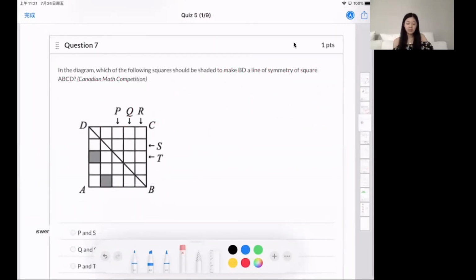Question 7. We can do this kind of question by just drawing the line of symmetry, and then you will find the answer, okay? We can draw the line here, and then draw the line here.